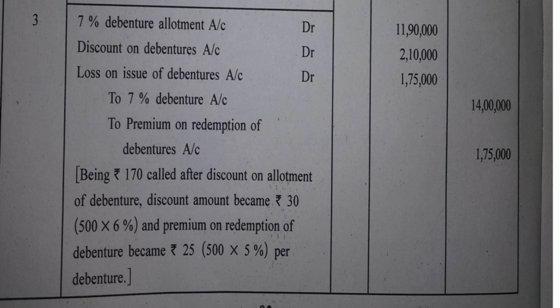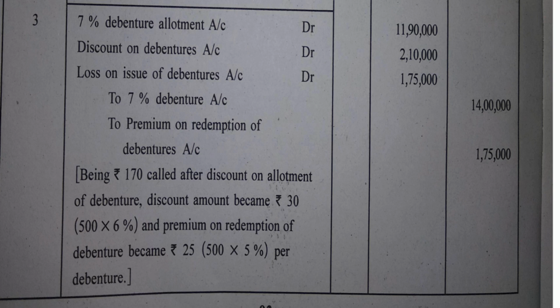Loss 7,000 into 25 rupees. To 7% debenture account, 7,000 into 200. The 170 of allotment and 30 of discount, so 200 overall. To premium, again 25 rupees.